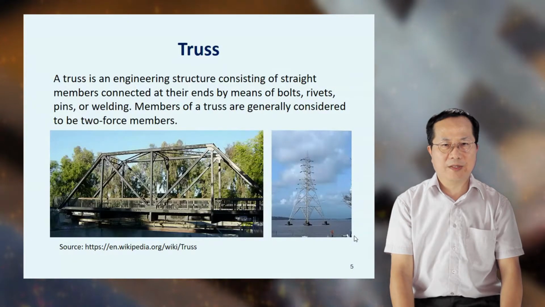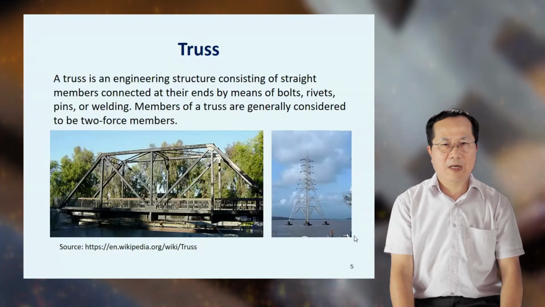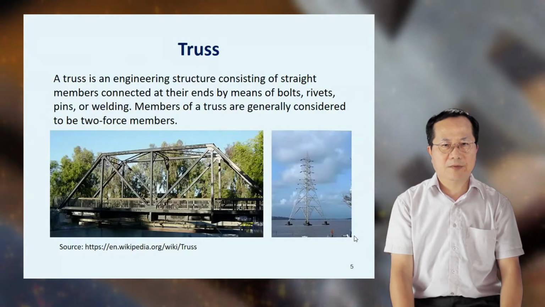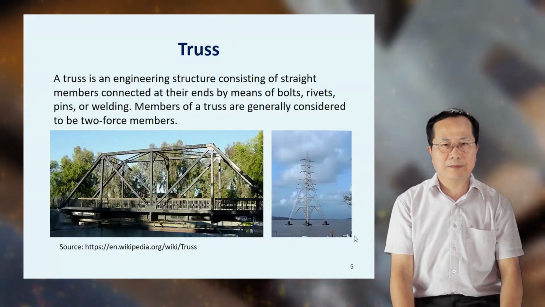Trusses offer practical solutions to many structural problems in engineering, such as power transmission towers, bridges, and the roofs of buildings. Members of a truss are generally considered to be two-force members. Besides, steel columns are commonly used to support loads for various floors of multiple-story buildings.